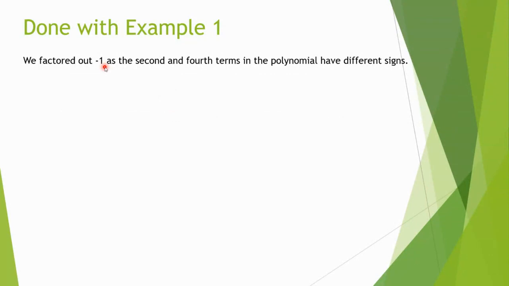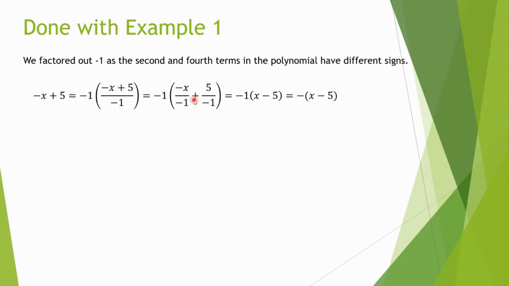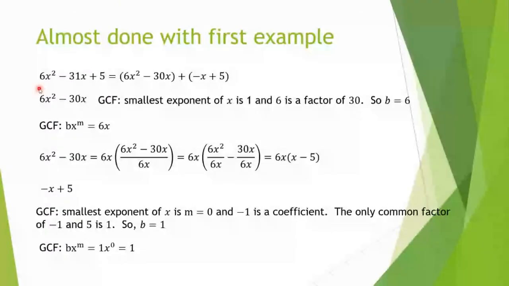However, in the original polynomial, the second and fourth term are opposite in sign. We have to factor out a negative at the very least. So in this case, we can only factor out -1.